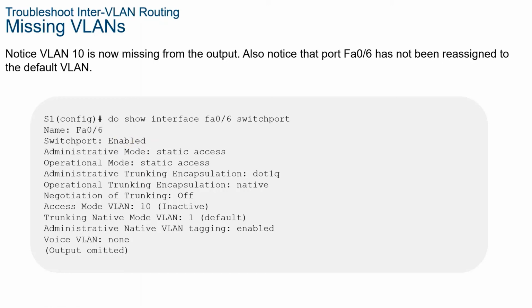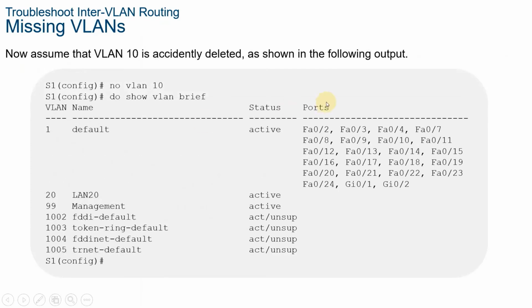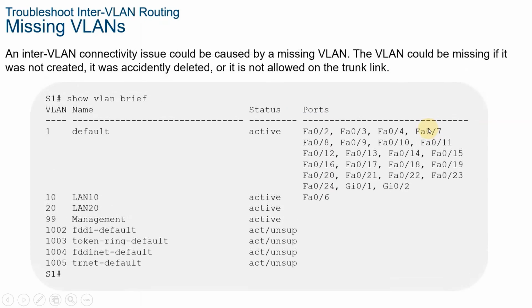The reason is that you deleted a VLAN. Any ports assigned to that VLAN become inactive. They remain associated with that VLAN and thus inactive until you assign them to a new VLAN or recreate the missing VLAN. So take note, Fa0/6 is not in here. It was associated with VLAN 10 from the previous slide.